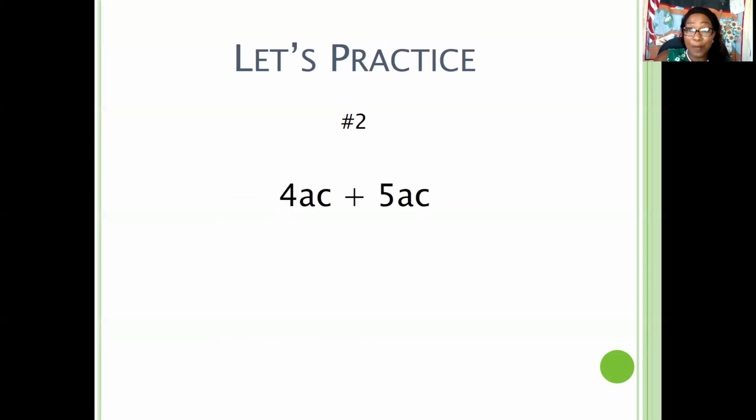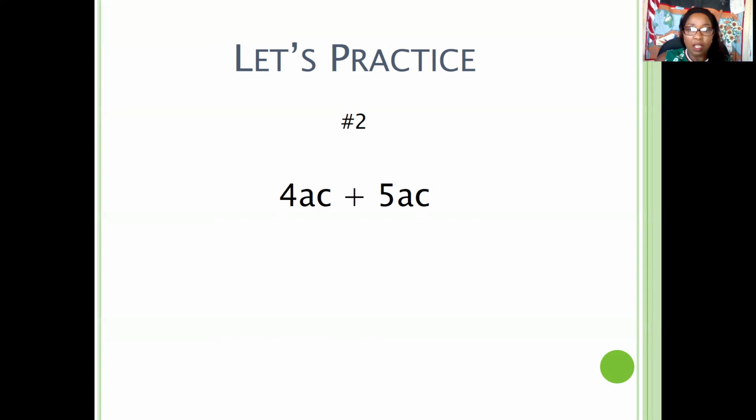Practice question number 2. And I threw this one in because I feel sometimes we let these things scare us. And if that happens, if you're feeling a little intimidated, say it aloud. It might help to make more sense. 4ac plus 5ac.